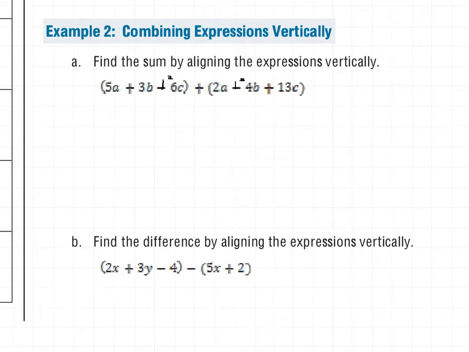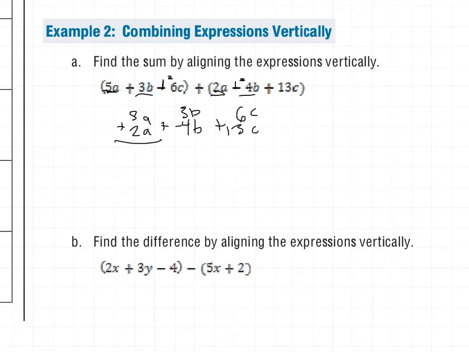And if we want to align our values vertically, I can take this and say, well, this is 5a plus 2a plus, looking at our b values, 3b plus negative 4b plus 6c plus 13c.